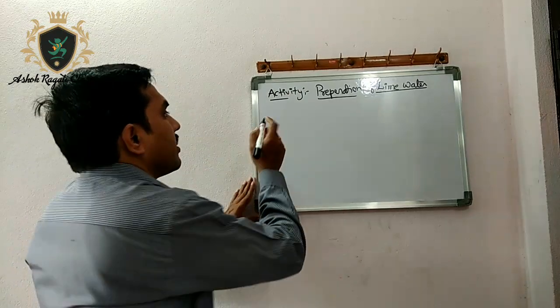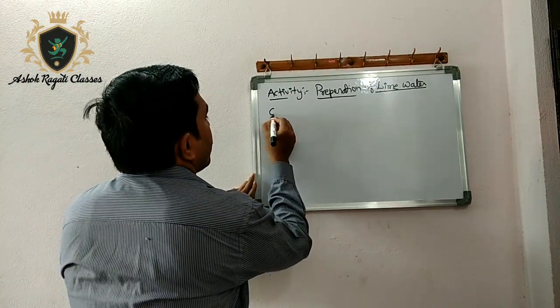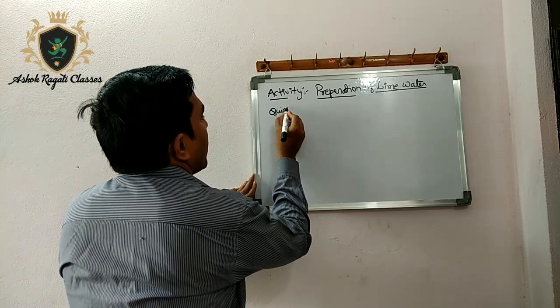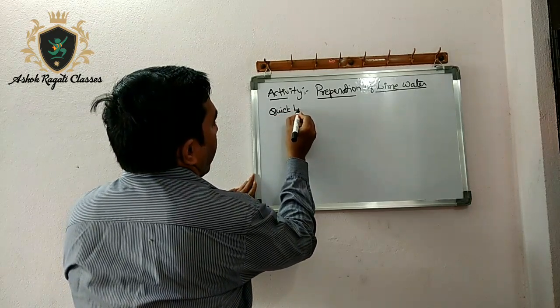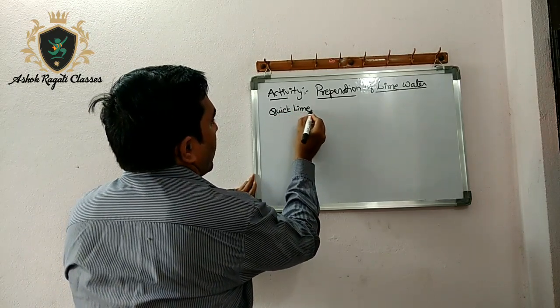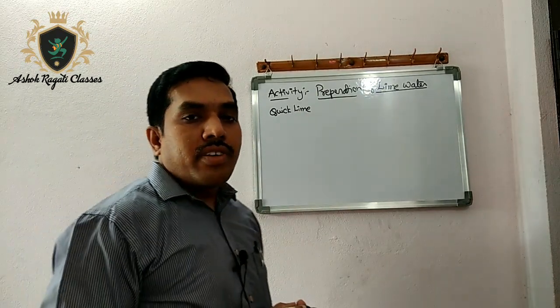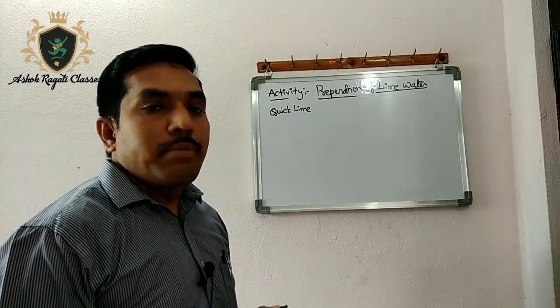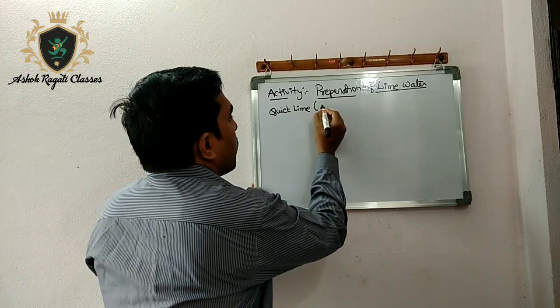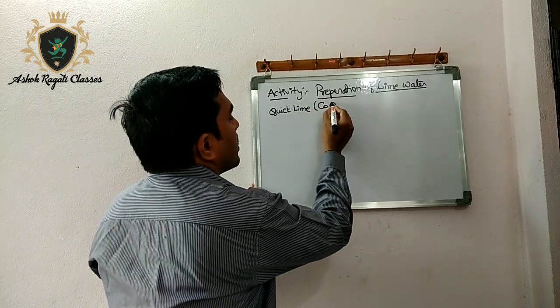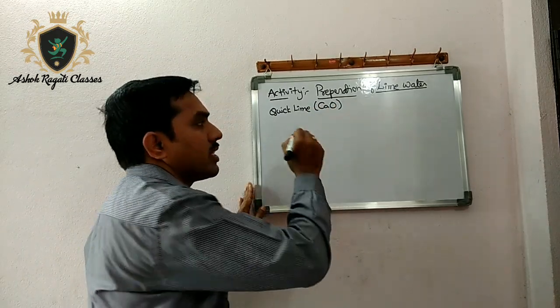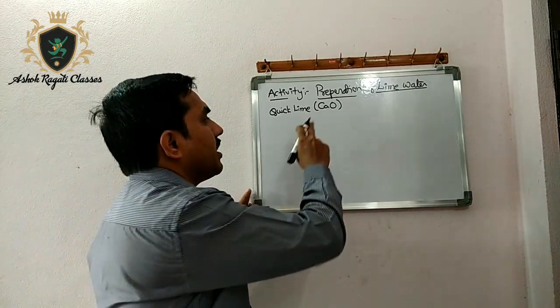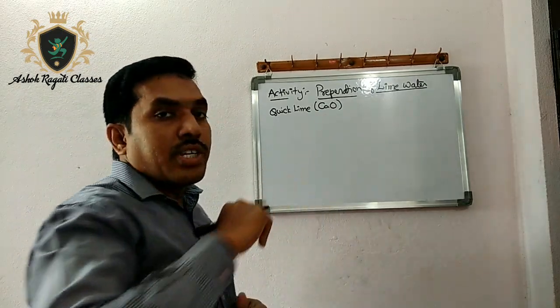One is quicklime. The formula of quicklime is CaO. Ca for calcium, O for oxygen. So, what is the chemical name? Calcium oxide.